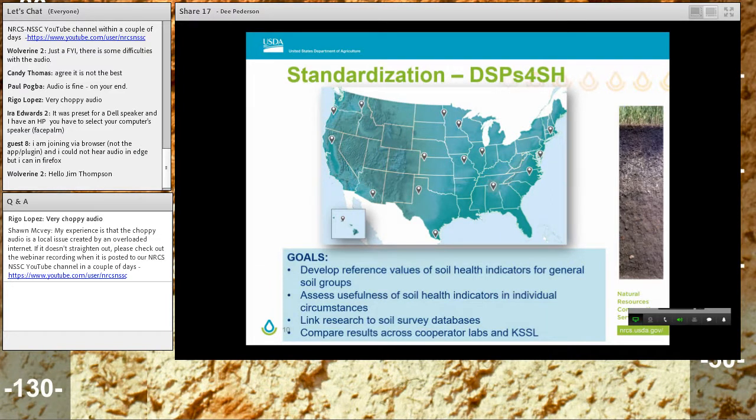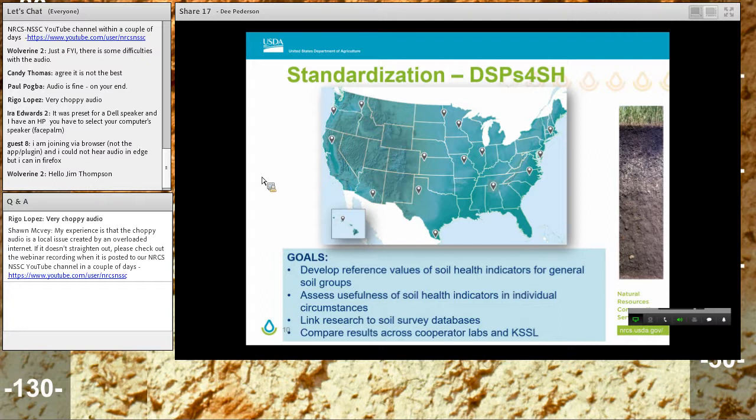So here is a slide of the DSPs for soil health effort. There are currently a number of sites across the country. This is to compare the lab methods. The goal of these projects is to develop reference values of soil health indicators for general soil groups, assess the usefulness of soil health indicators in individual circumstances, link the research to soil databases, compare results across cooperator labs and KSSL.